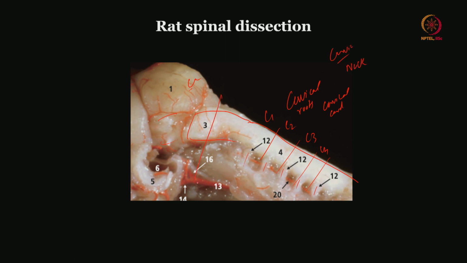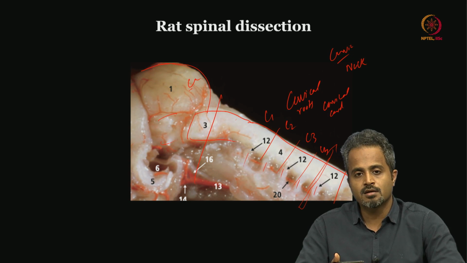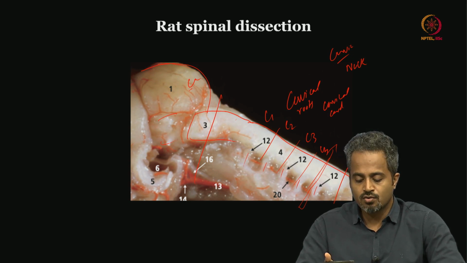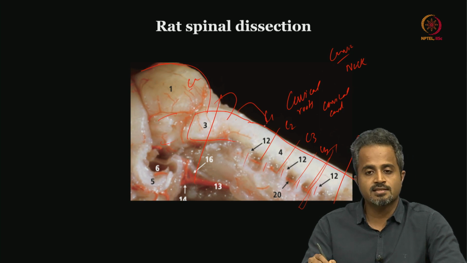So this would be the neck region of the rodent, and this is a little bit complex, because you need to deal with the posterior part of the head in order to expose the cervical cord. If you need to expose up to the C4 segment, you need to follow all the stereotactic techniques of head fixation and exposure of the posterior part of the skull, then only you will be able to expose the atlas and the axis.